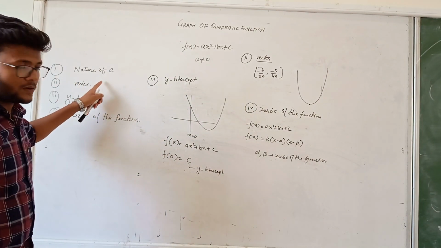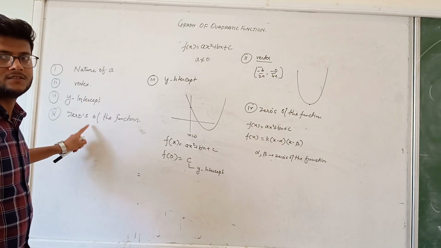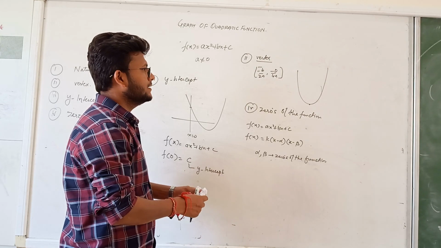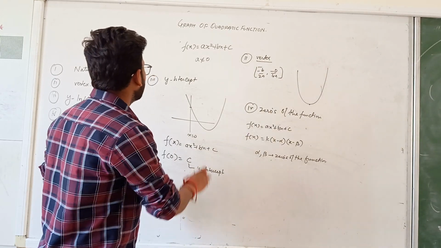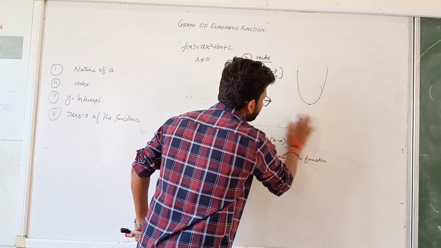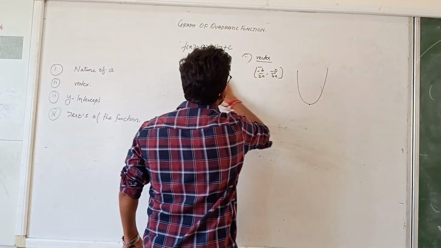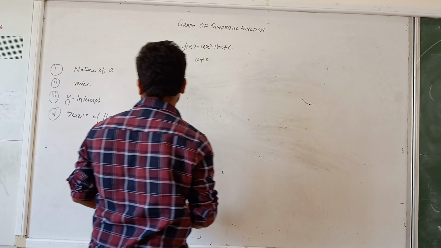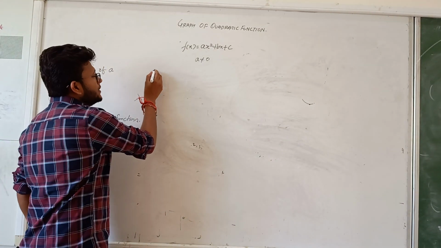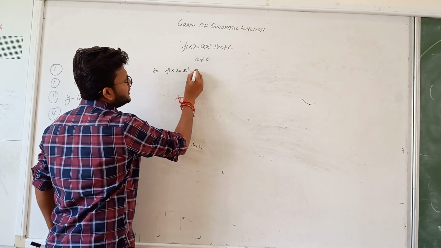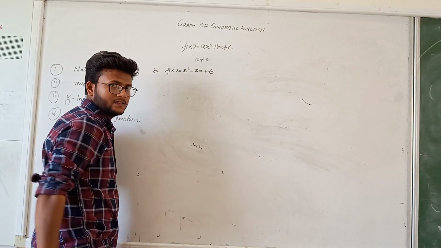We get all four things: nature of a, vertex, y-intercept, and zeros of the function. Let's see how these are practically found. Taking an example, we have f(x) = x² - 5x + 6.